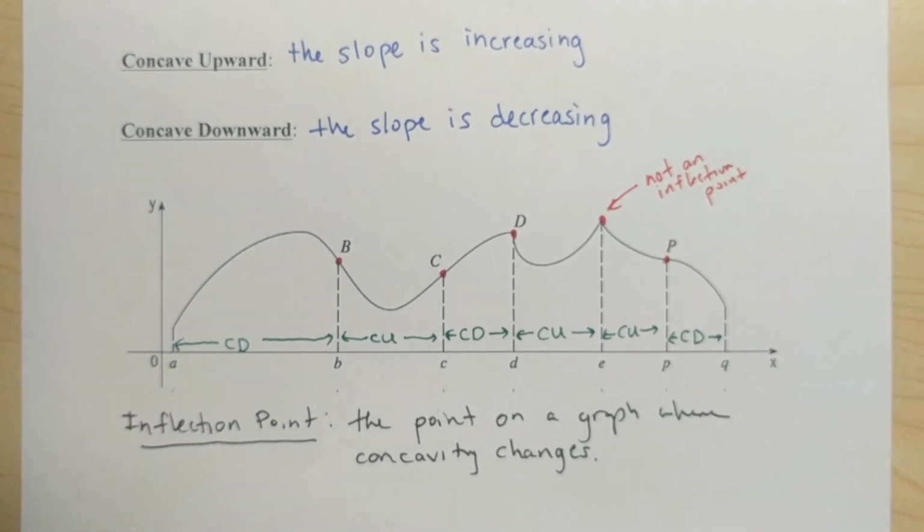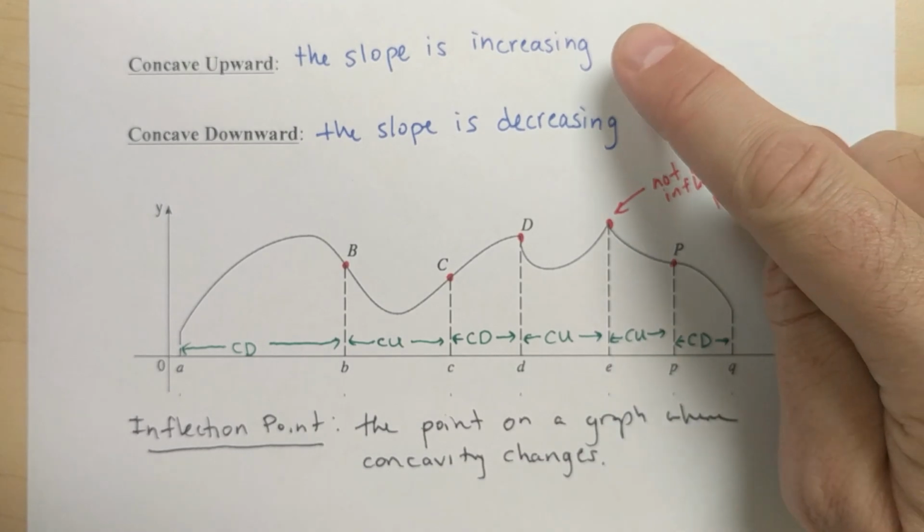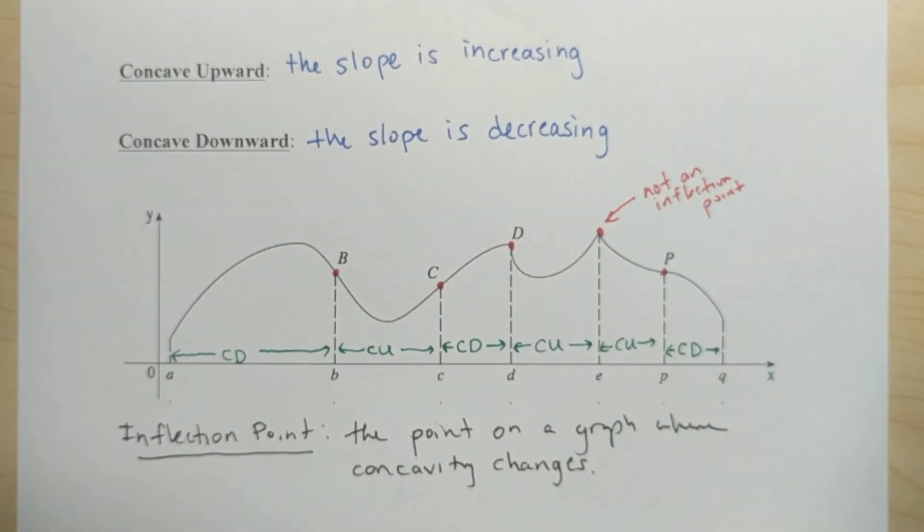So what we want to do is figure out these intervals of concave upward or downward and inflection points using our calculus. The key here is that we're using the same language that we were using before, increasing and decreasing. We've done plenty of things where we found intervals where a function is increasing or decreasing.